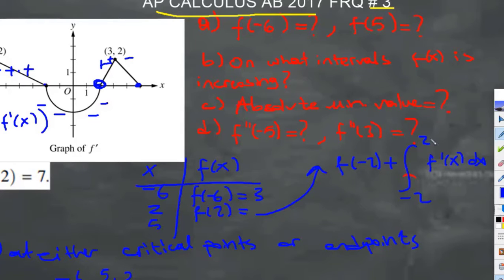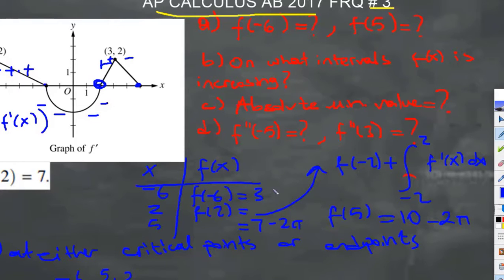So if you make great use of this formula, you're going to end up with f of positive 2 equal to 7 minus 2 pi. And we already know the value of f of 5 from part A, so that's going to be equal to 10 minus 2 pi.